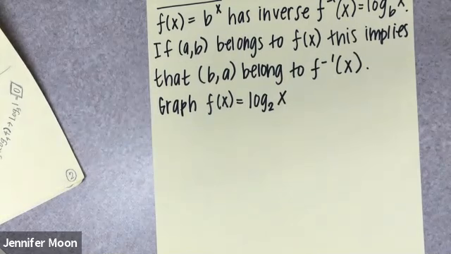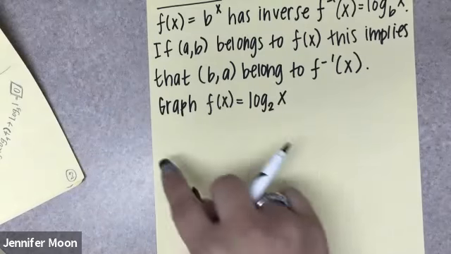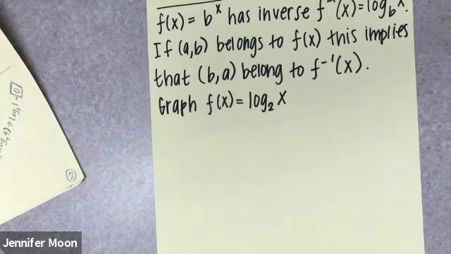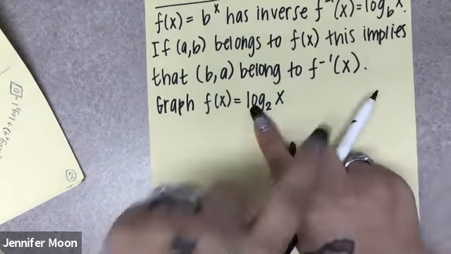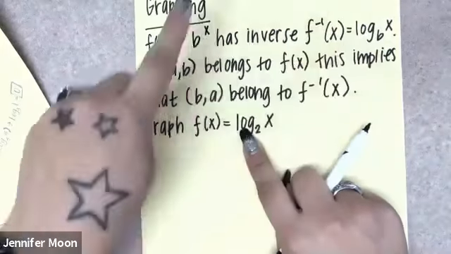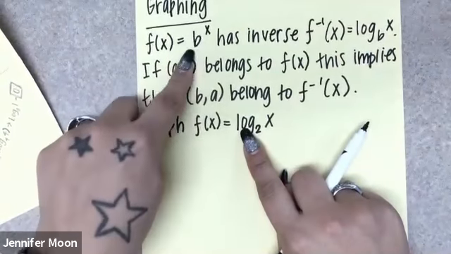I don't have the ability to just go into y equals and type this in and have it show me what I'm graphing. Does that make sense? So if I'm told to graph this, there are ways, but it's much easier just to go ahead and find the inverse. The inverse of the logarithmic function is an exponential function. These are going to be much easier to graph.